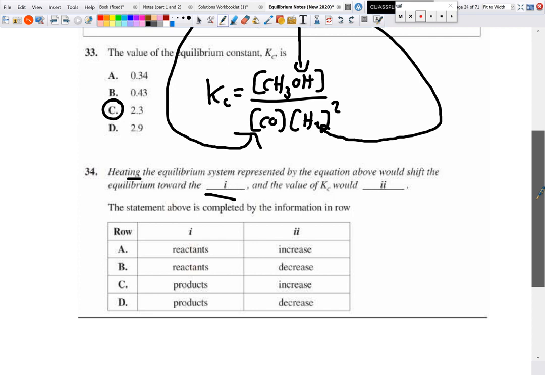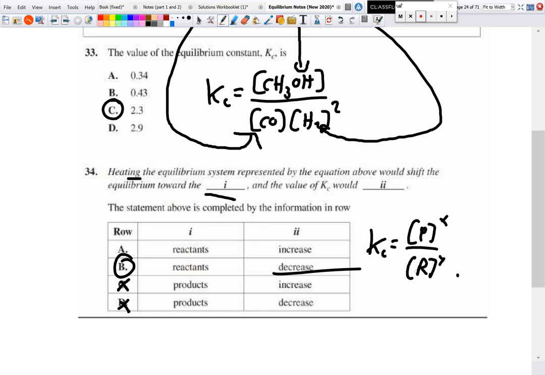So we know that it is producing the reactant, so we can scratch out D and C. Now as for the value of Kc, remember we have products over reactants. If we increase the reactants, the value of Kc decreases. And that, of course, is all of those.